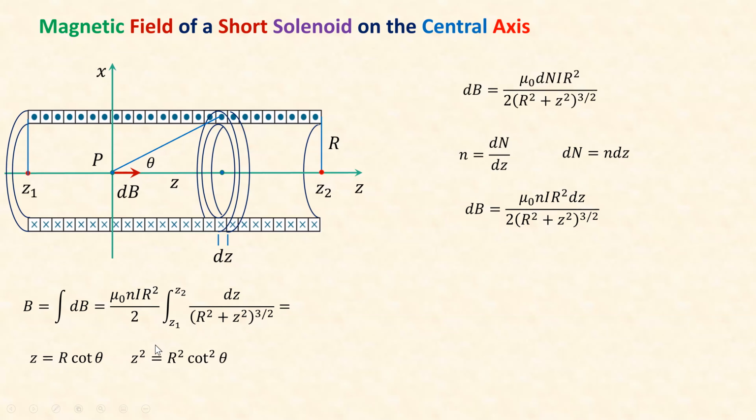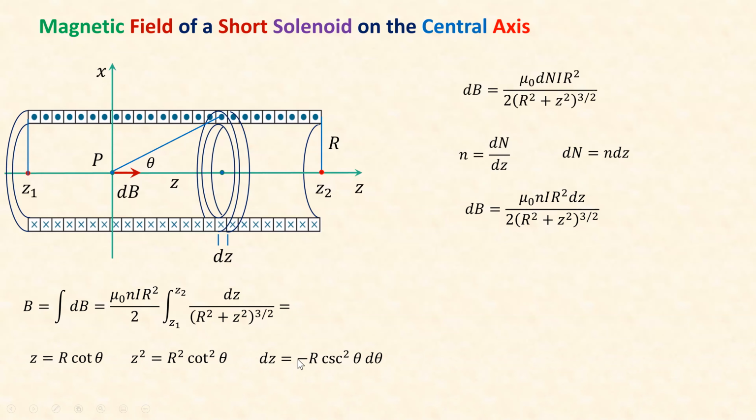So z squared is equal to r squared cotangent squared of theta, by squaring this. And then z squared plus r squared is what? No, before that, dz. If you take the differential, dz becomes negative r cosecant squared theta d theta. Remember, the derivative of cotangent is negative cosecant squared.